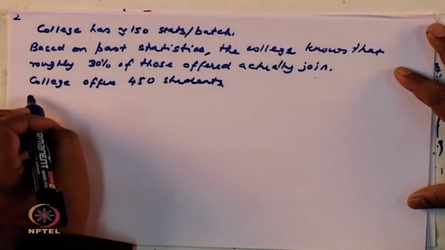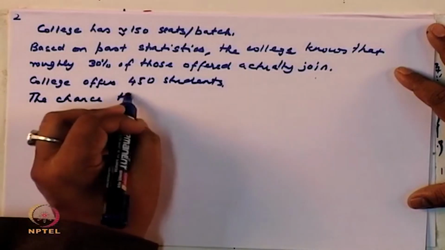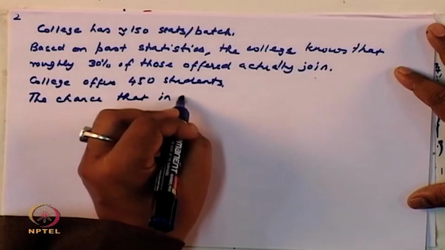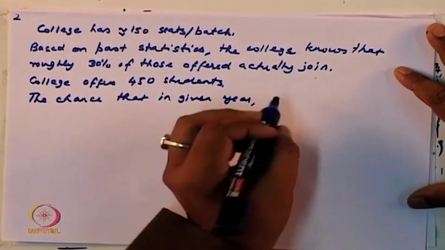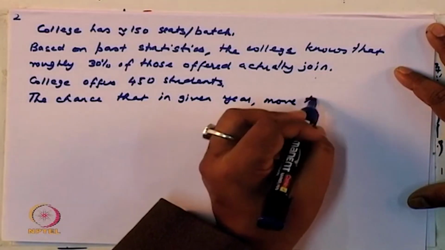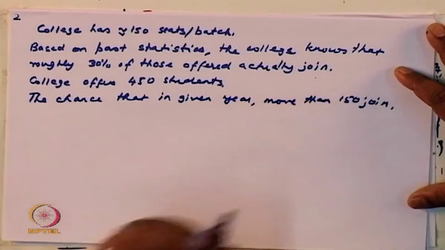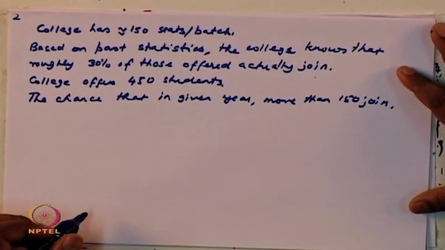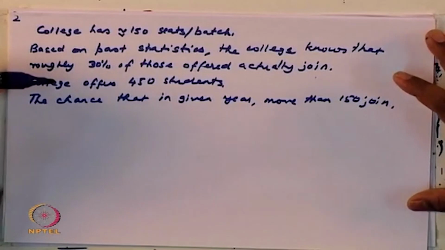So, we want to calculate the chance that in a given year more than 150 join. What you see is, in this case you can make use of a binomial random variable.